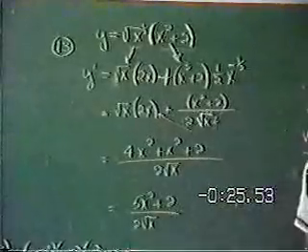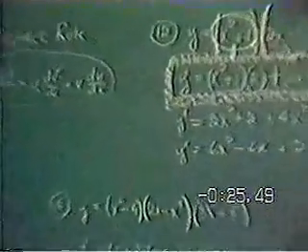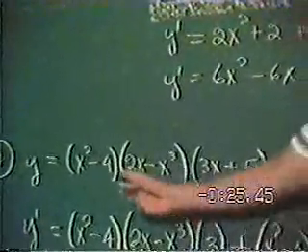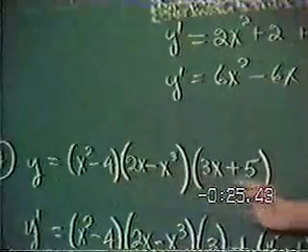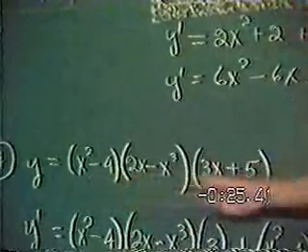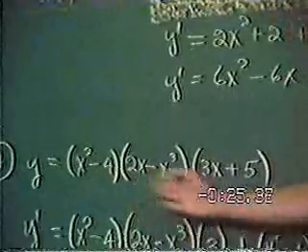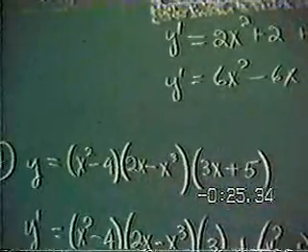Alright, let's go now to example 14. In example 14 here, we have y is equal to 3 quantities squared. And this product rule is saying the same thing no matter whether we have 3 quantities multiplied together or 4 or 5 or 2 or whatever.